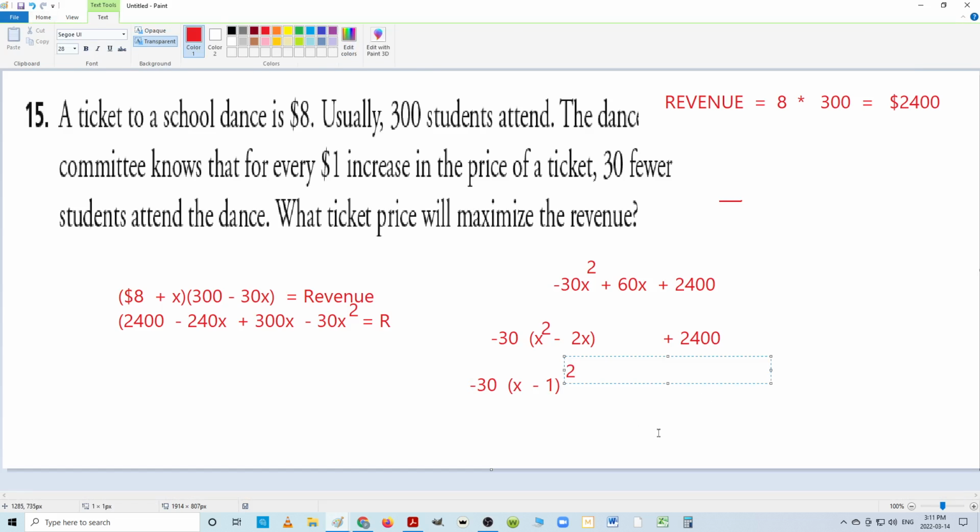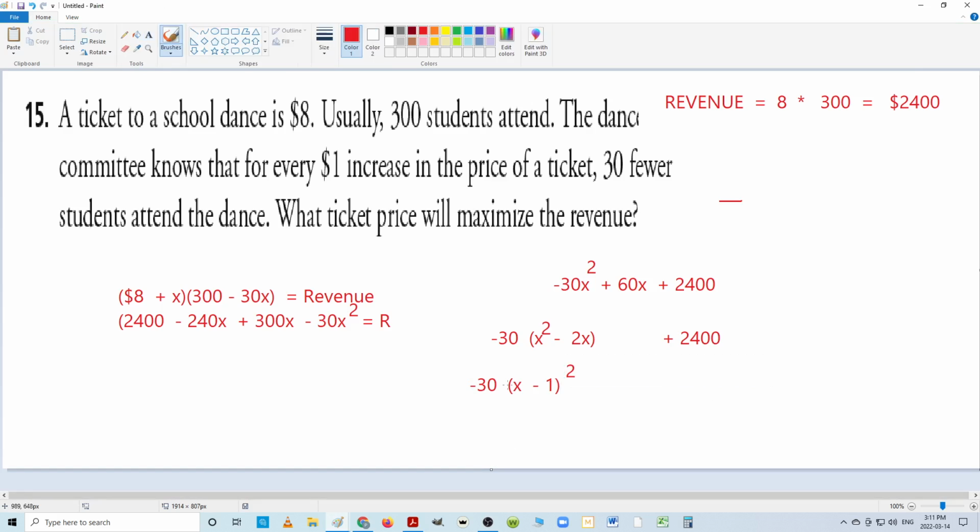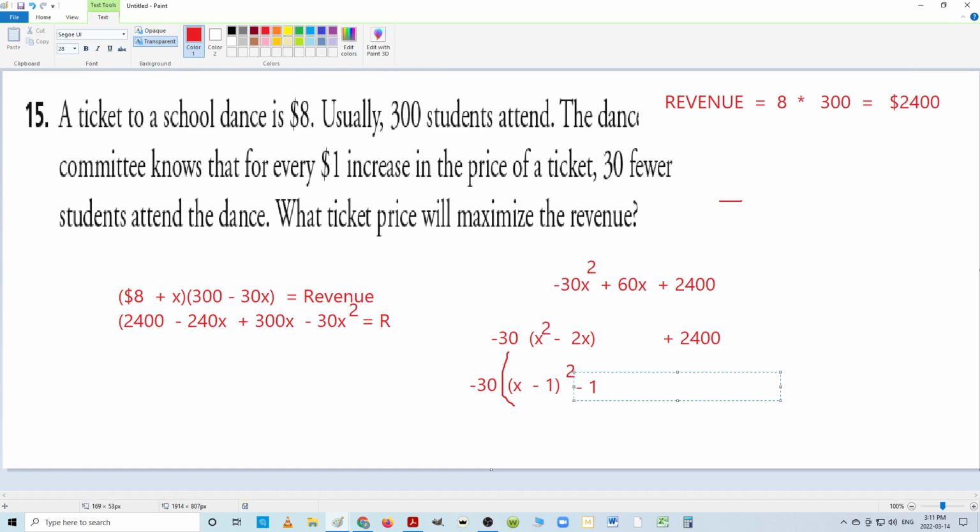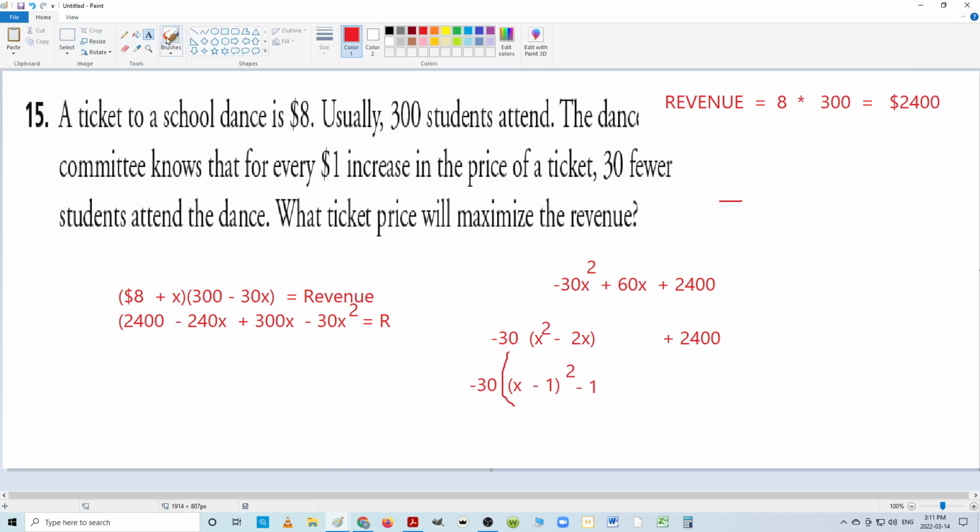It's also clear to me that I have to put a big bracket, and that the number I have to subtract is the square of minus 1. And put it all in a big bracket. And then don't forget that this plus 2400 is hanging out and waiting. To get that minus 1 out of the big bracket, I have to multiply it by minus 30, which means that minus 1 times minus 30 becomes plus 30.